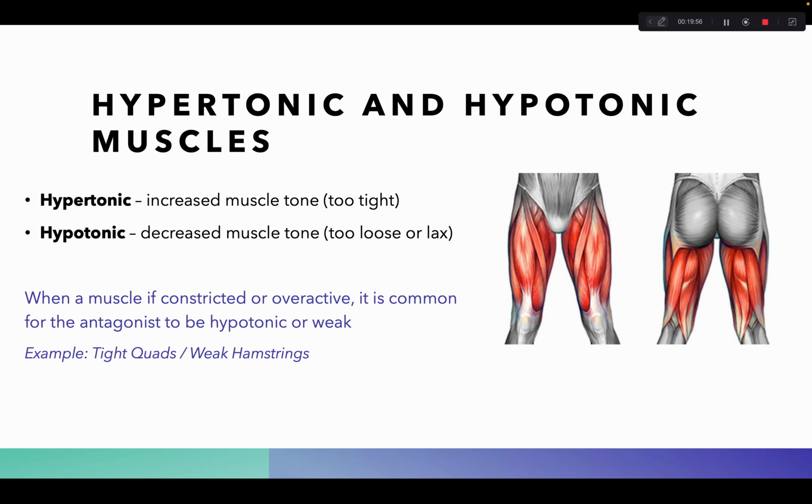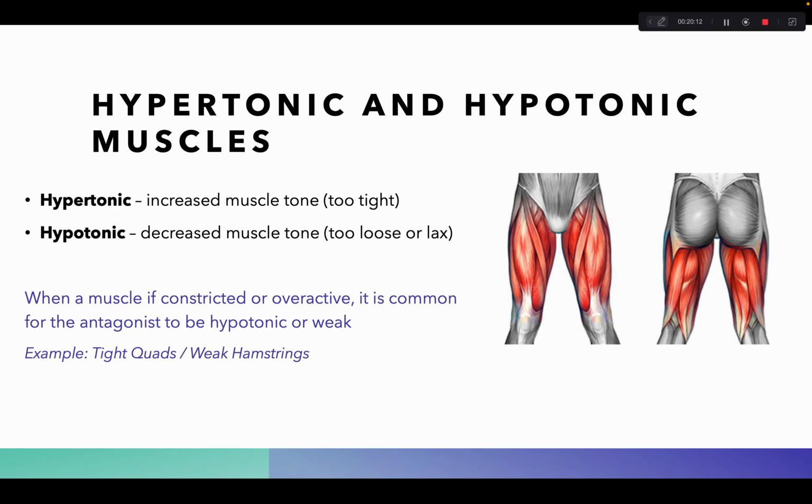When a muscle's constricted or overactive, in the hypertonic stage, it is common for the antagonist to be hypotonic or weak. So here's my example. Tight quads mean a weak hamstring.